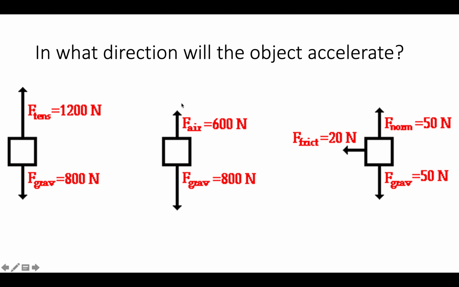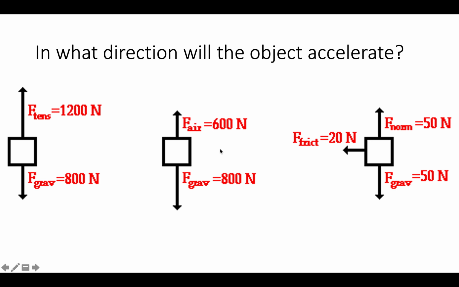Okay. This one here, we have gravity pulling down and air resistance pulling up. So this object is in free fall. This is a falling object because you only have gravity and air resistance. And so which force is bigger? Gravity is 800 and air resistance is only 600.